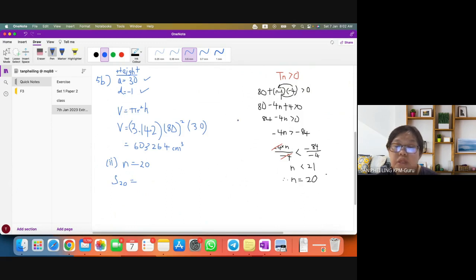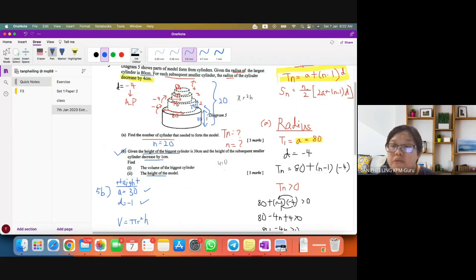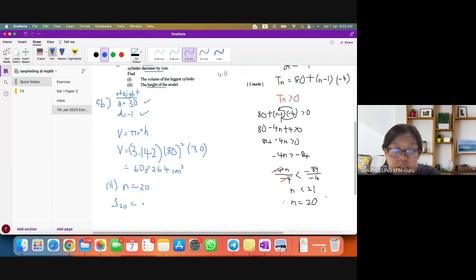So just put in by using the formula that we discussed just now, n over 2 bracket 2a plus n minus 1 d. So n over 2 means 20 over 2.